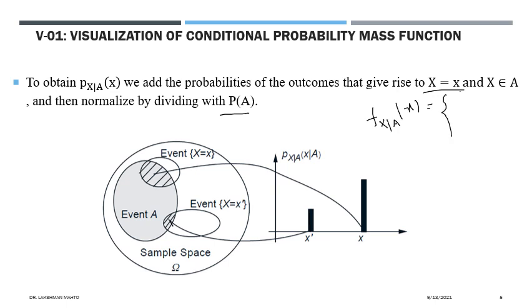It was defined as the marginal probability mass function of x divided by the probability of a, when x is within a. We are only worrying about those x which are within a. If x is not contained in the given information, then the corresponding conditional probability mass function would definitely be 0. In that case, if x is not in a, it is 0.